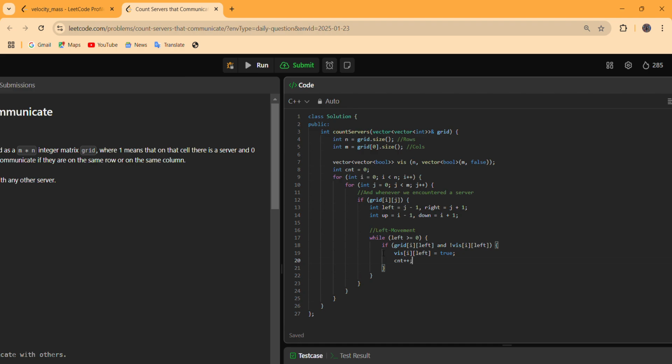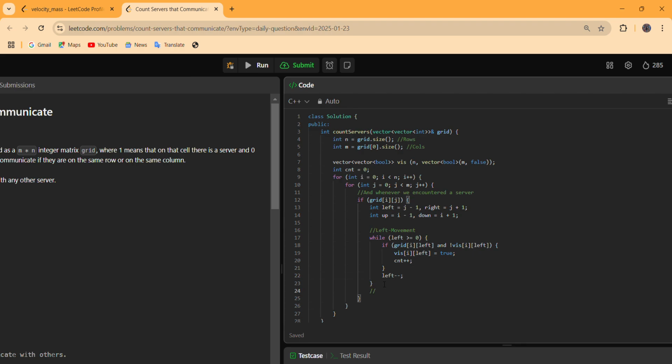If we encounter any server on the left side which is not visited, we have to increment our count by 1 and decrement our left pointer so it can move only in the leftward direction, maintaining the same row i.